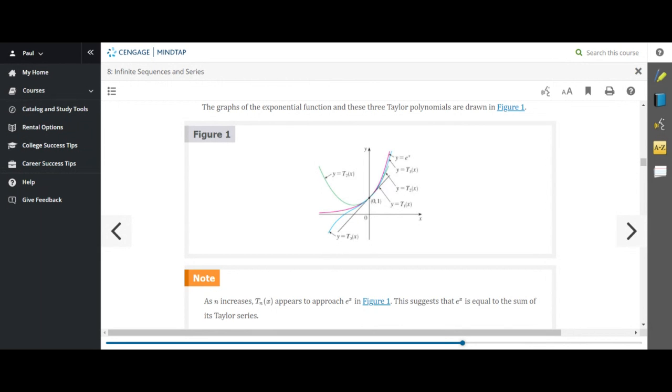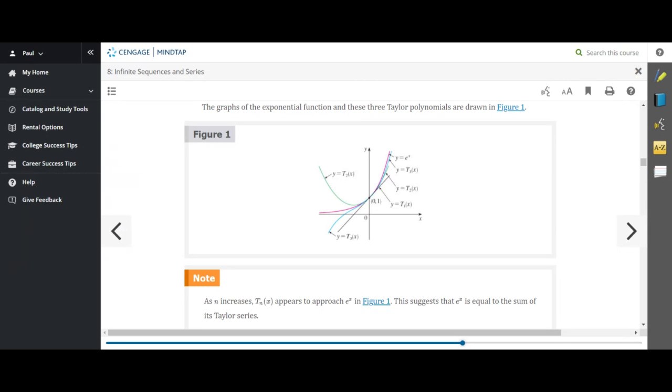Would it be T1, T2, or T3? T1 is the black tangent line. T2 is the green parabola, the second degree Taylor polynomial. And T sub 3 is the third degree Taylor polynomial. Which polynomial approximates the exponential function the best over the widest range?